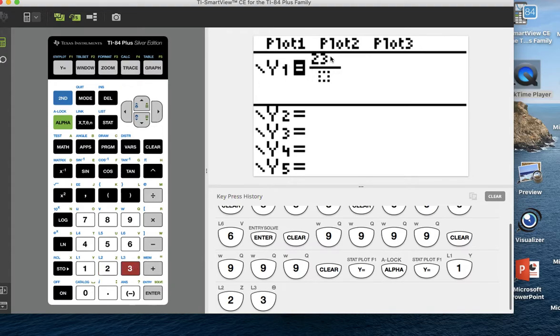Whoops, I didn't drop down, so I'm going to back up, which is certainly a mistake that you could make. And you saw me press delete. Let's go ahead and drop down. 2/3. I want to get out from underneath here, so I press the right arrow to do that.